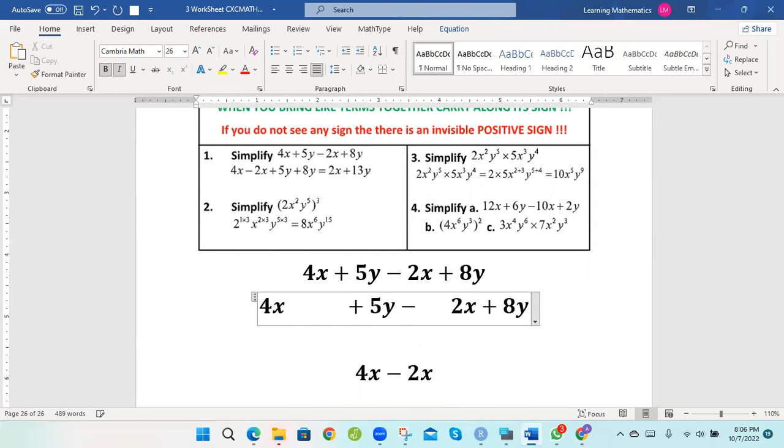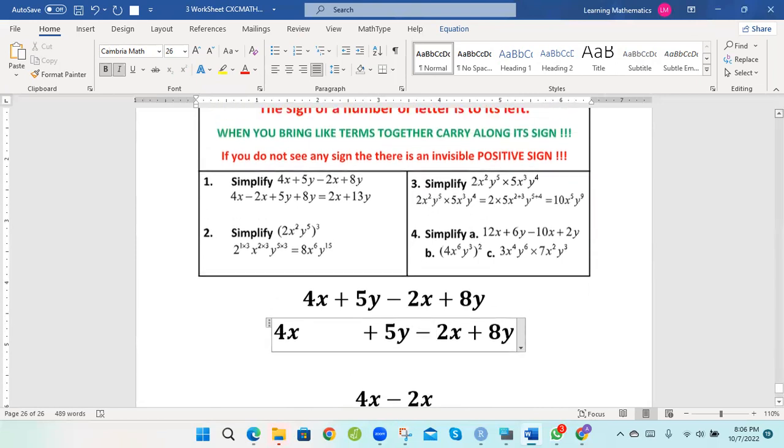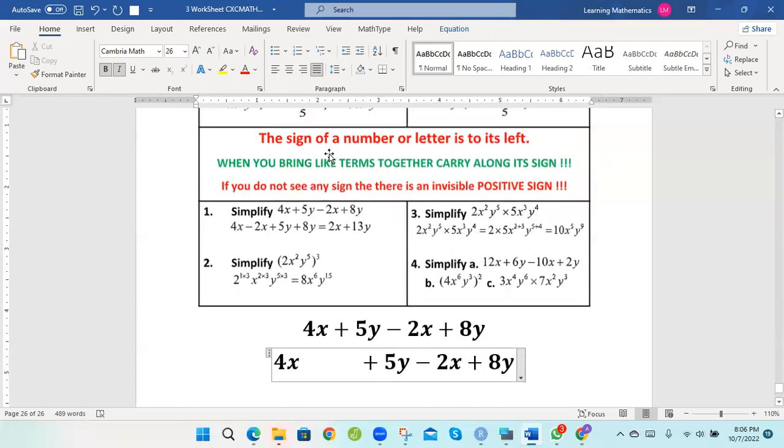This would also be wrong because that negative sign belongs to the 2. Remember what it says? The sign of a number or letter is to its left. So this negative sign belongs to the 2. If you want to separate 8y, the plus sign belongs to it.